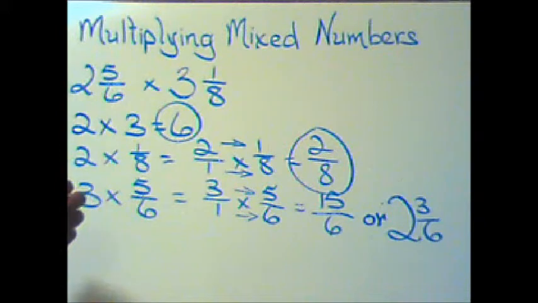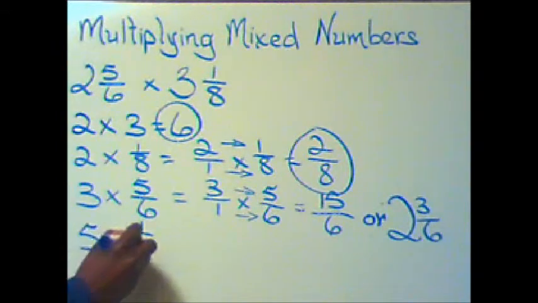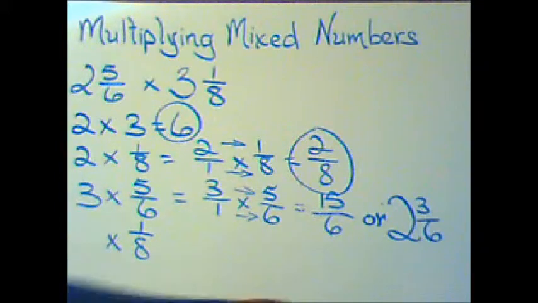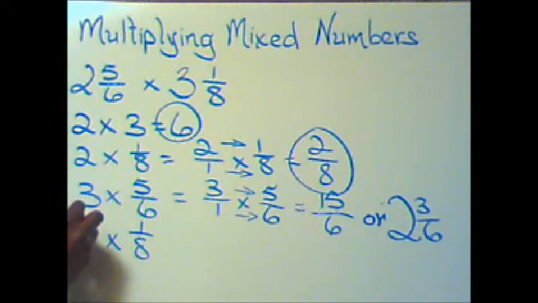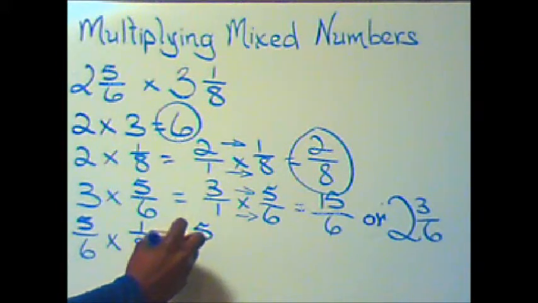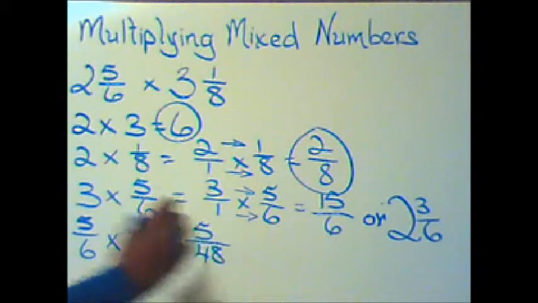Next, I'm going to multiply 5/6 times 1/8, which equals 5 times 1 is 5, 6 times 8 is 48.